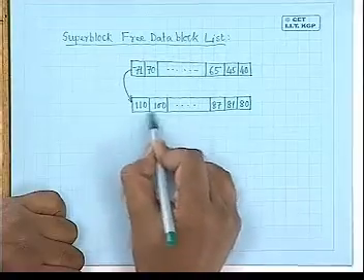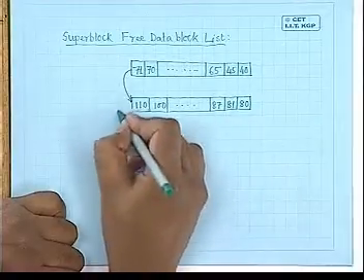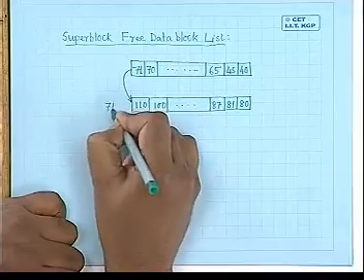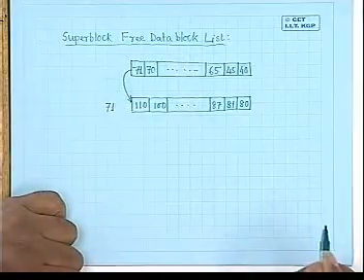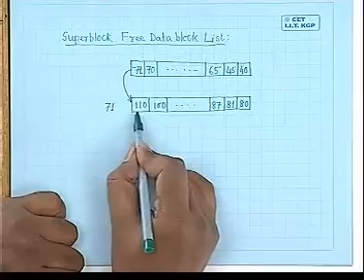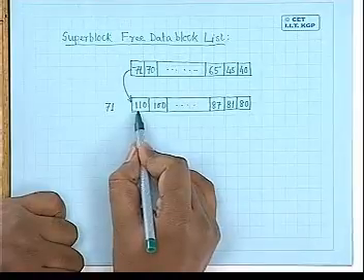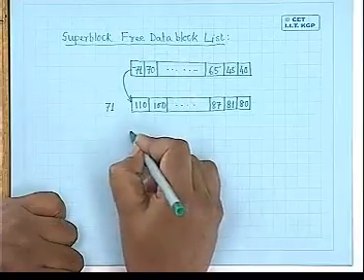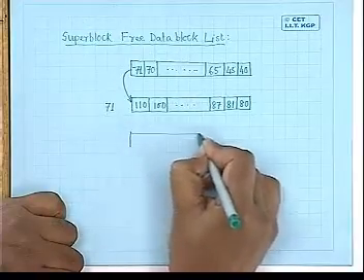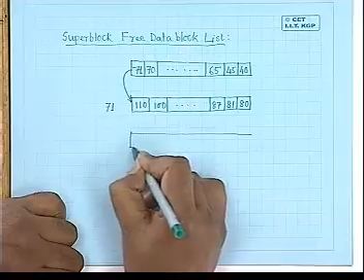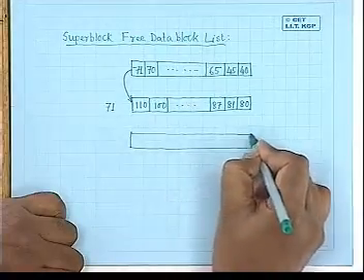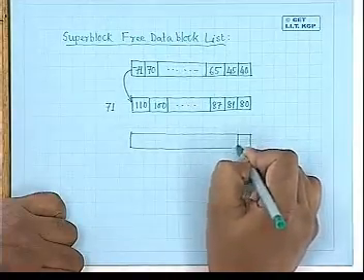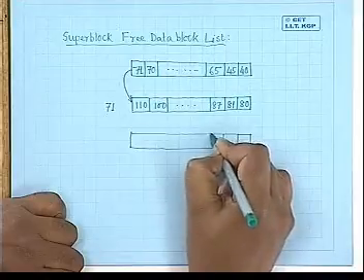Okay. So this block, block number 71, is called a link block. Similarly, this 110 is again a pointer which is pointing to block number 110. Block number 110 will in turn contain a list of numbers which are serial numbers of other free blocks in the file system.